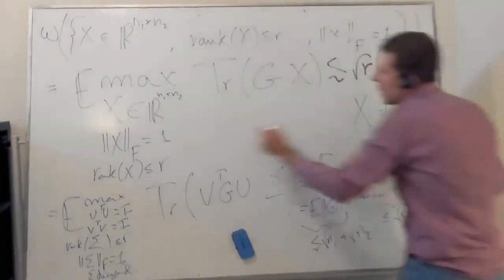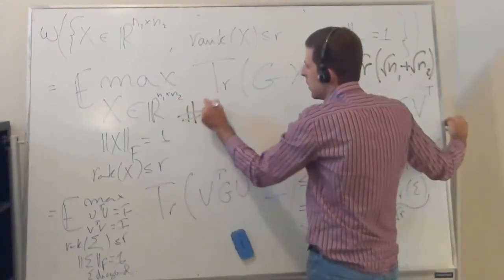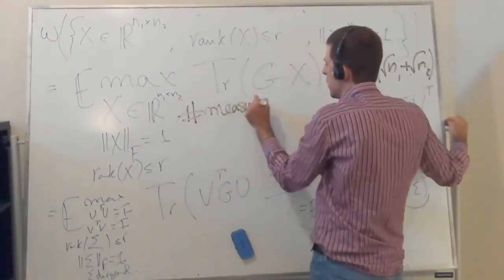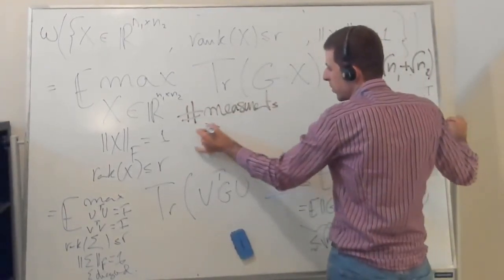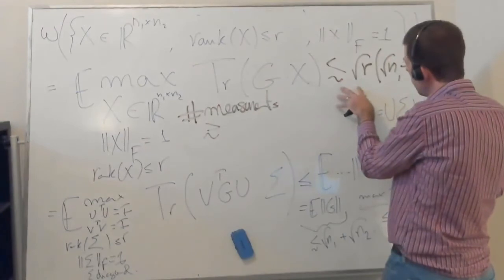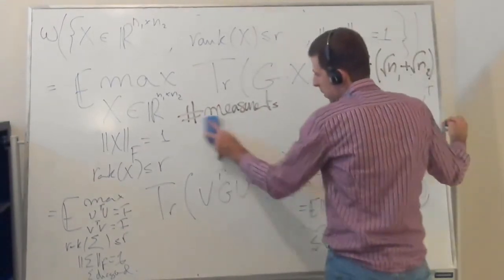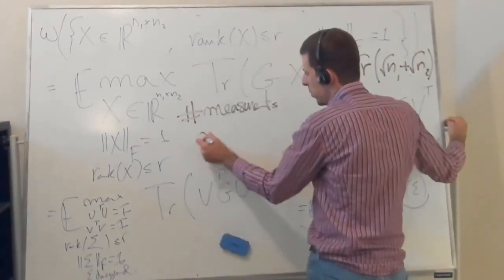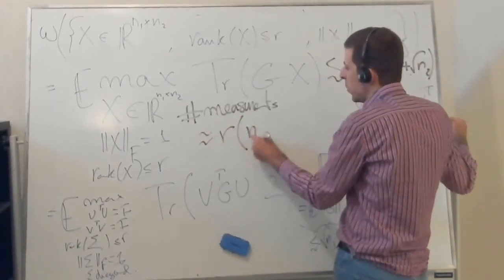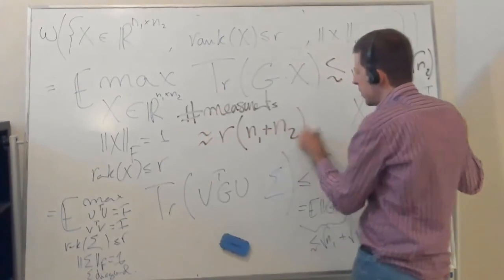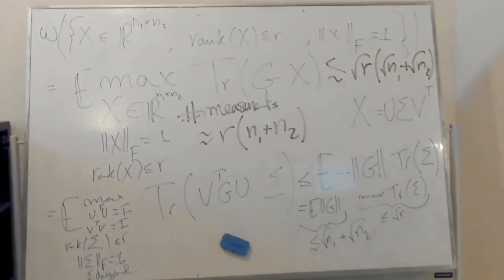So this means that the number of measurements needed is roughly, up to constants, the square of this. So it's R times N1 plus N2. This is a lot less than the size of the matrix, which would be N1 times N2.